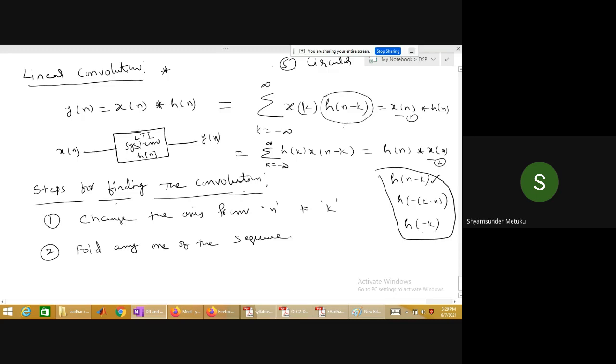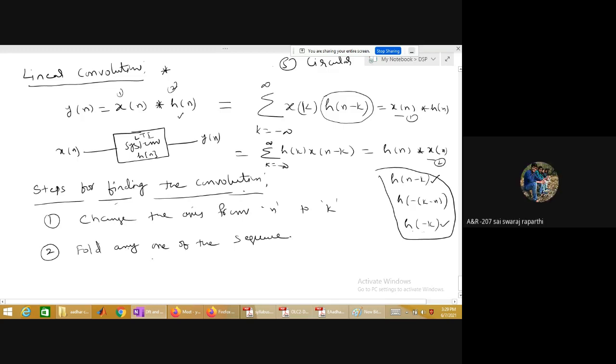If you take the signal here, you can see n is a constant. If n equal to 0, I'm going to get h of minus k, no? So h of minus k means, is it not a folding of the h? So out of signal 1 and signal 2, which one you are folding? H of n. So that is fold any one of the signals.